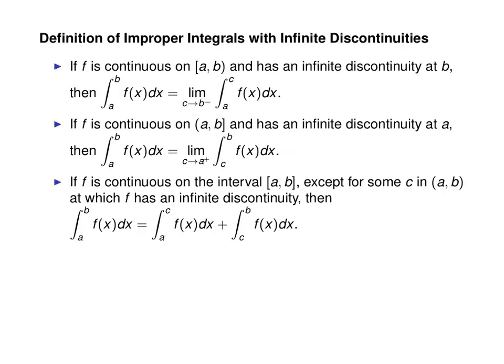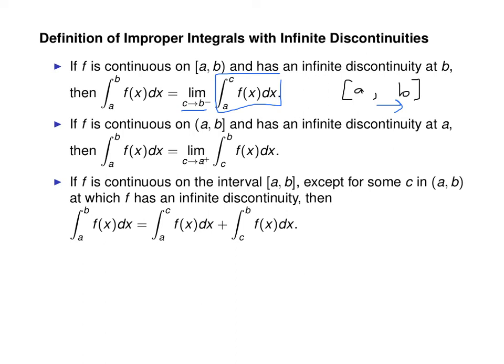Now, we can also use a similar reasoning to evaluate integrals where there is a discontinuity inside of the interval or on the end of the interval itself. So if a function f is continuous from a to b and has an infinite discontinuity at b, so you have your interval from a to b, you want to come at b from this side, so that's why c is going to b from the left, and you can find this integral instead and then take the limit.